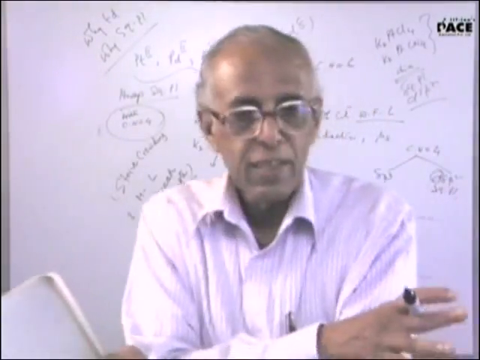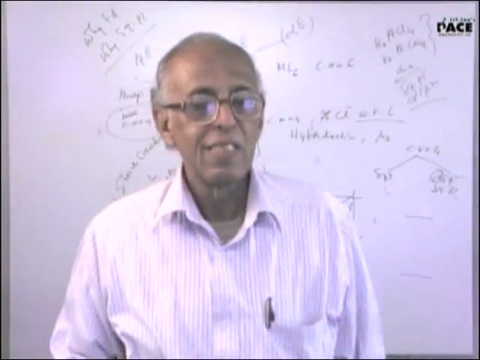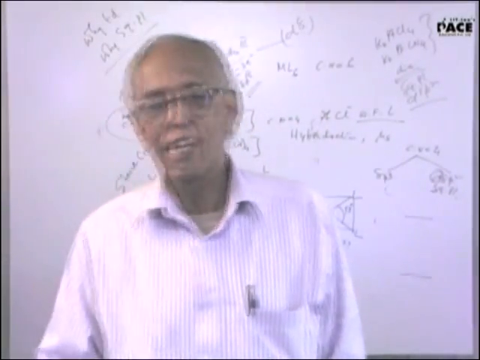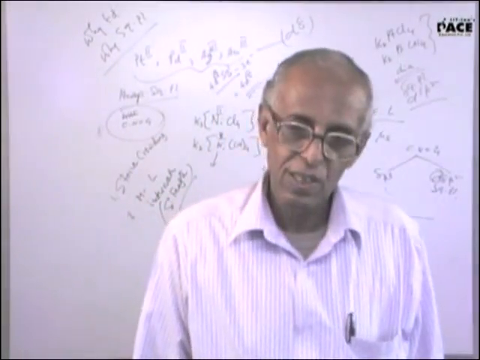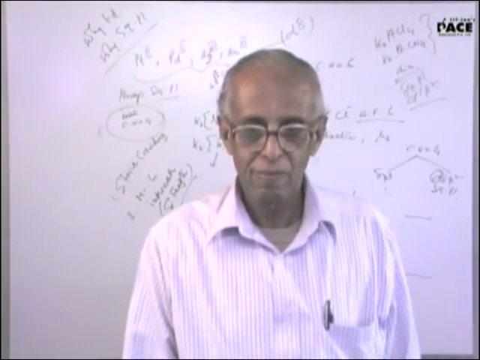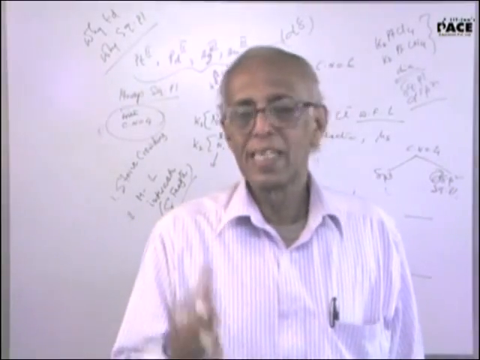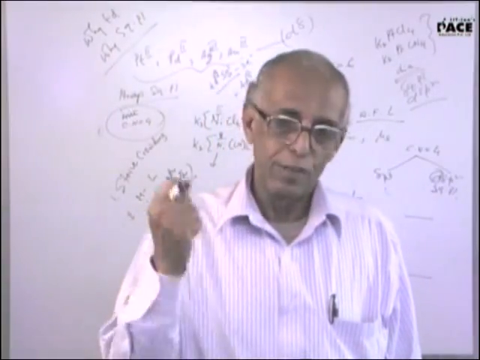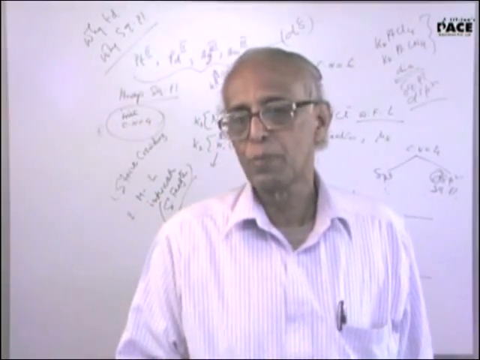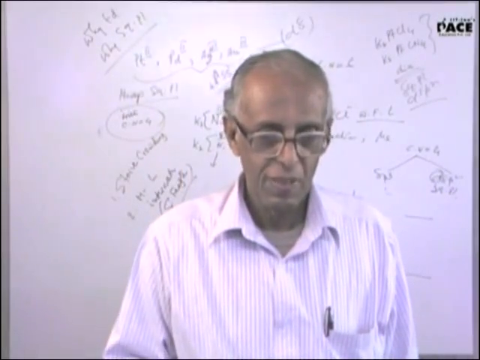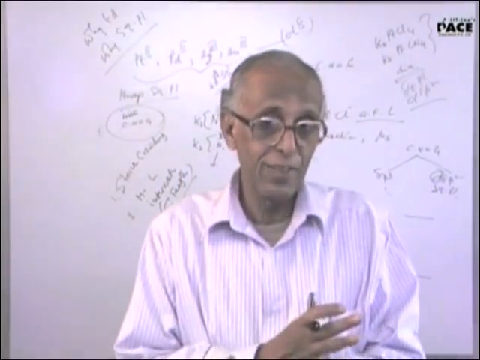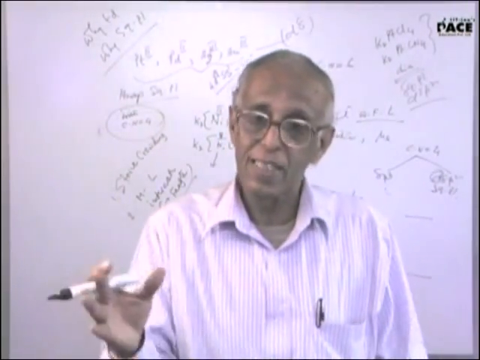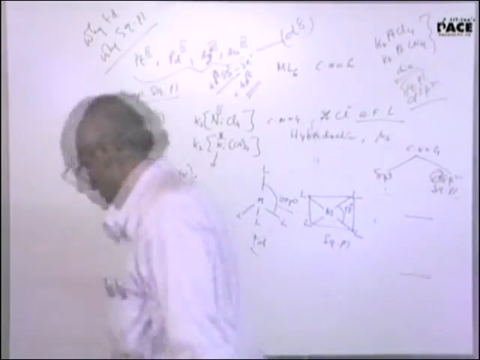Since they are quite separated, the steric crowding does not play a role. So it always gives me a square planar complex and never a tetrahedral complex. One reason is all ligands behave as strong field ligands, and a strong field ligand will prefer square planar geometry over tetrahedral geometry, because then the metal-ligand interaction becomes stronger in square planar rather than tetrahedral.